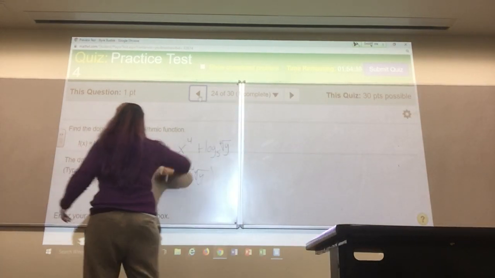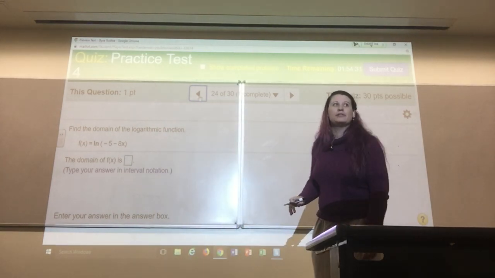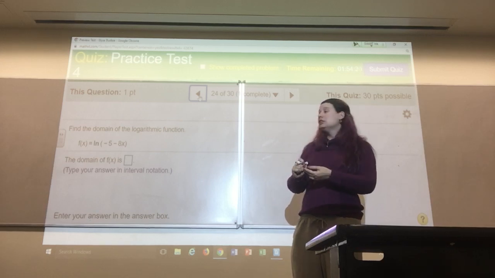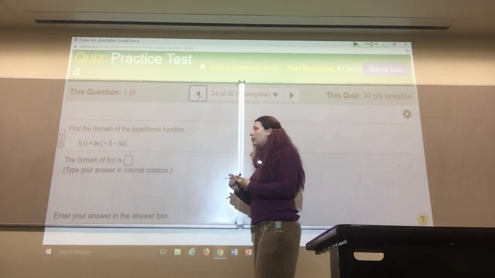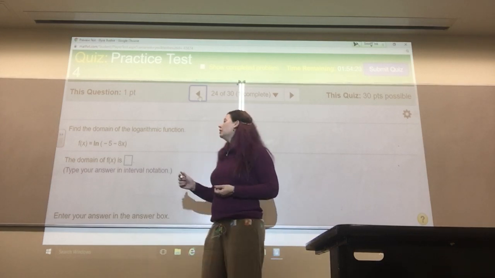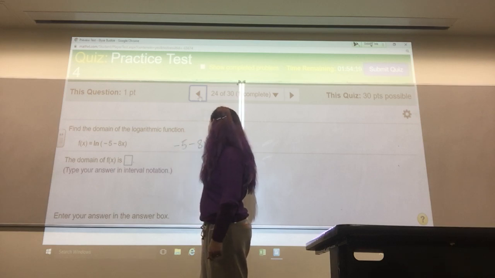So, what's the issue with logs? The inside has to be positive, meaning it can't be negative or 0, right? So, how do we find out when that happens, or when it doesn't happen truly? Greater than 0 for just the inside, yes.